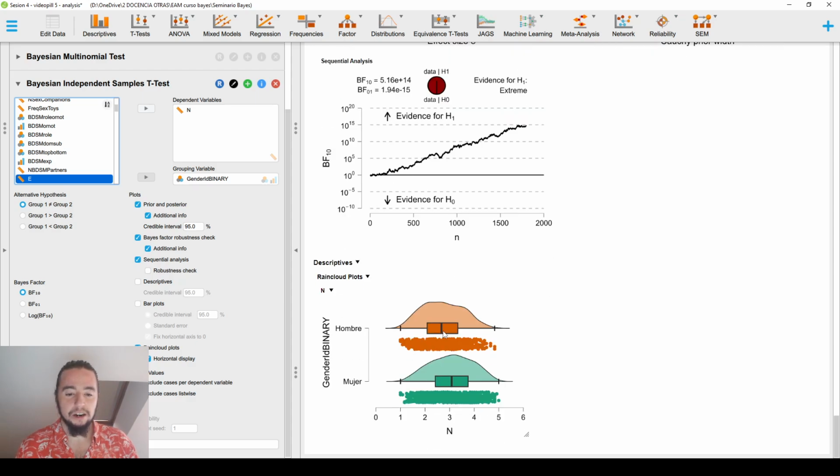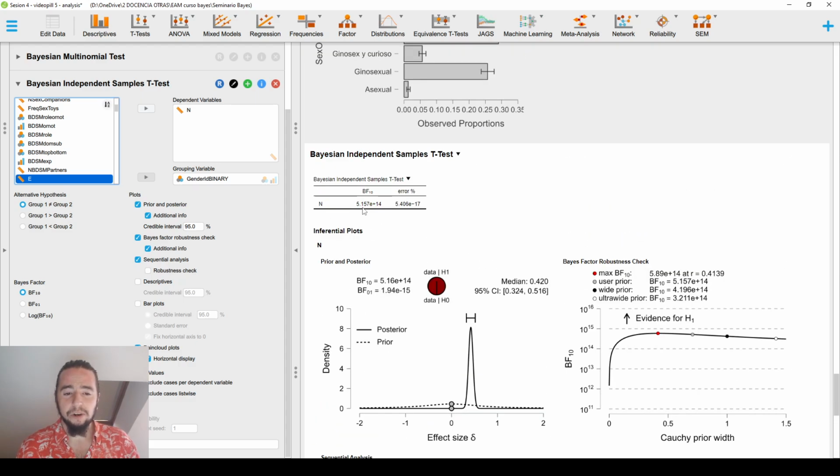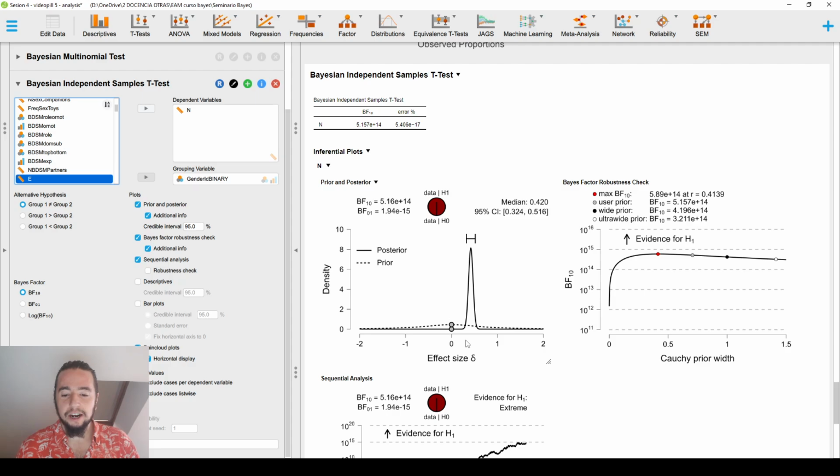And as you can see here, it seems that there is a difference by gender. So we have very strong support against the null hypothesis. And you can see here that the effect size will be around 0.4, more or less 0.42, like around 0.3 to 0.5. And you can be very sure about that.